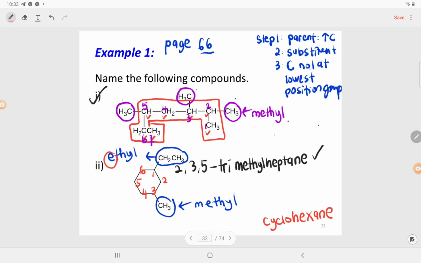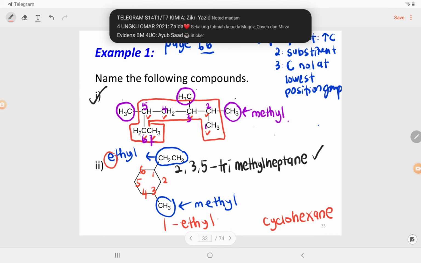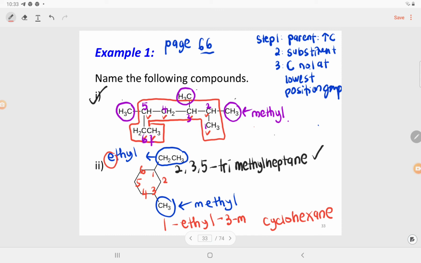Substituent groups follow alphabetical order. That means ethyl first, then methyl. So we write in front: ethyl, where is the location? Carbon number 1. So 1-ethyl, dash, location of methyl, carbon number 3, dash, for the next substituent, methyl.